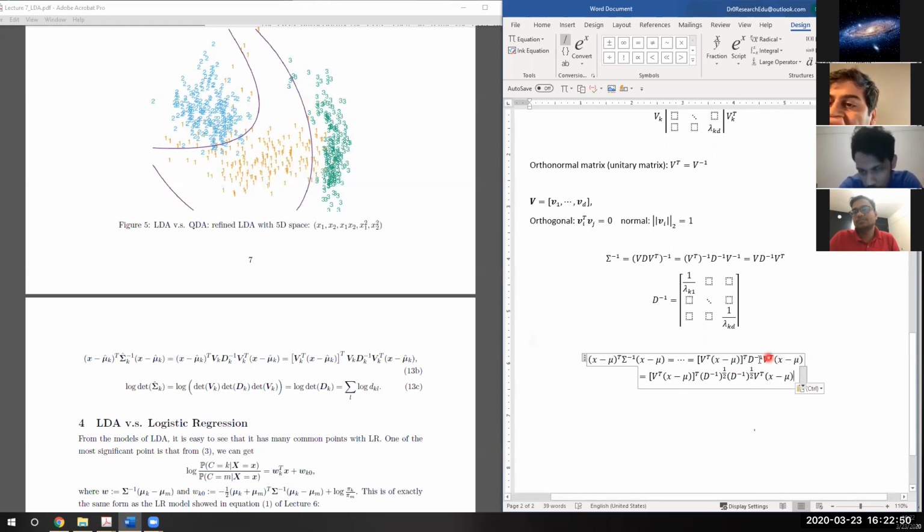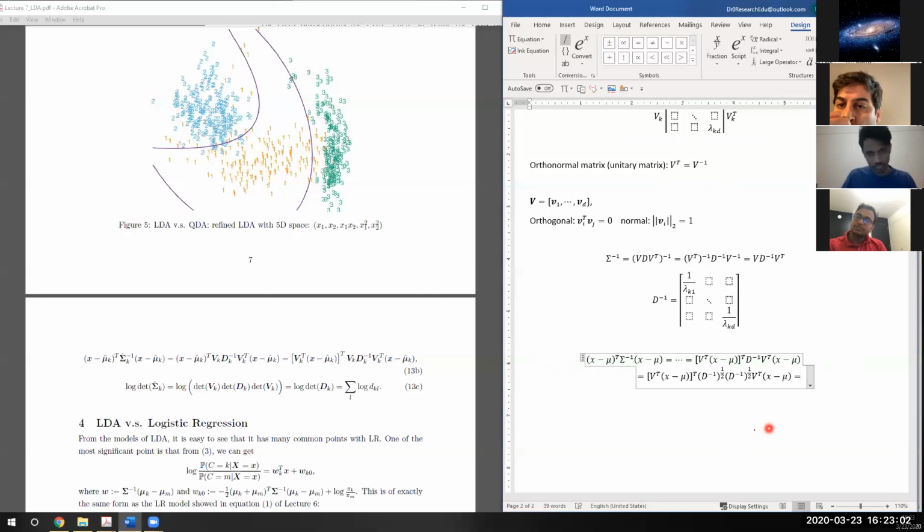See it? So the difference is that I decompose this D inverse into a half and a half. Then you're going to ask, so what's the point? The point is that you can write it in this way, which will greatly simplify your life. It's equal to, let's say, B transpose times B. Done. Get the point? So in this way, it's going to be very, very fast to calculate this.